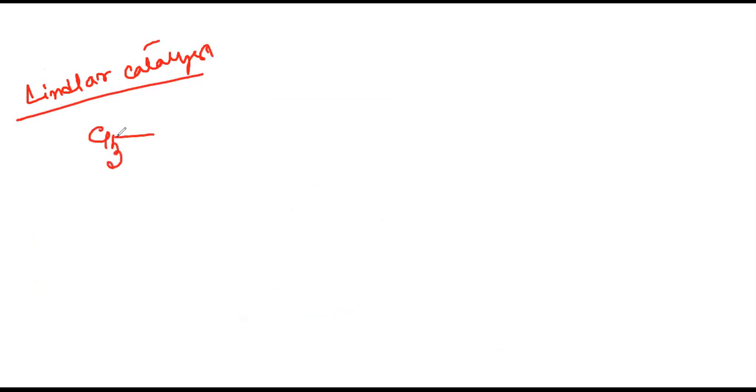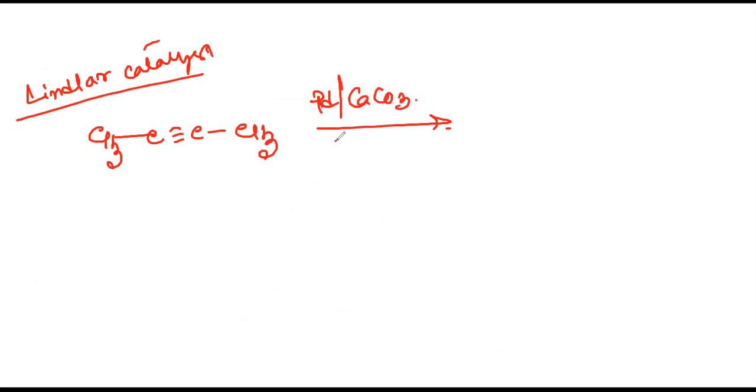Now we have seen this Lindlar catalyst. So we have seen this one also, CH3, C triple bond C single bond CH3. When you give palladium on calcium carbonate in xylene, we have seen it. This is a Lindlar catalyst. Always cis alkenes are formed. We have also seen this one in our NCERT.